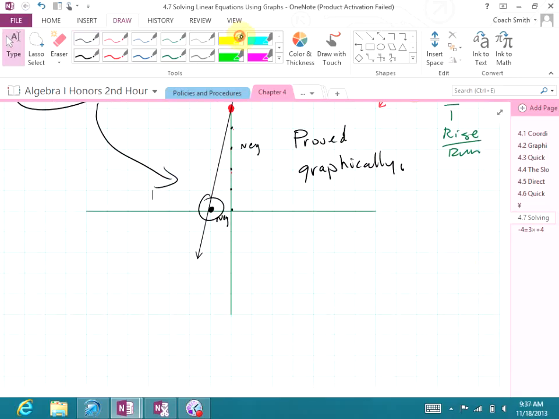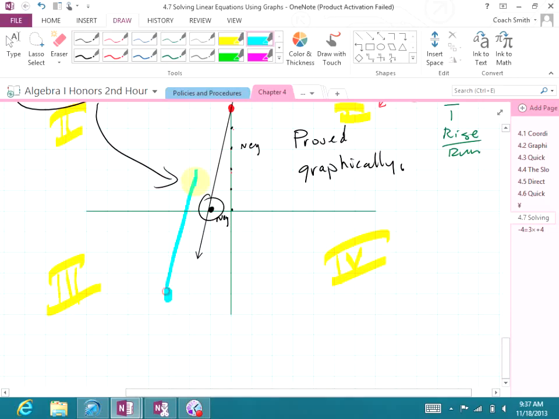Because if you look at your quadrants, 1, 2, 3, and 4, if I have a point that starts down here, I've got to go up to get to my x-axis. If I've got a point that starts here, then I've got to go up to get to my x-axis. So they're just all going to be different.